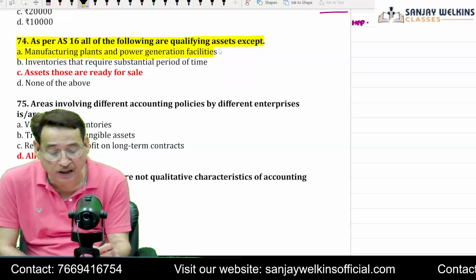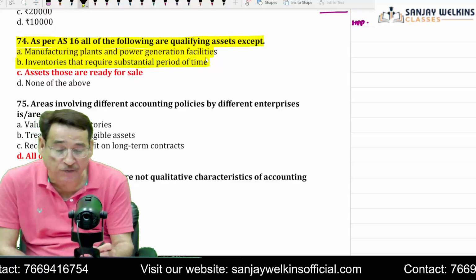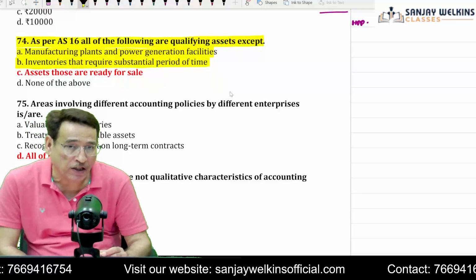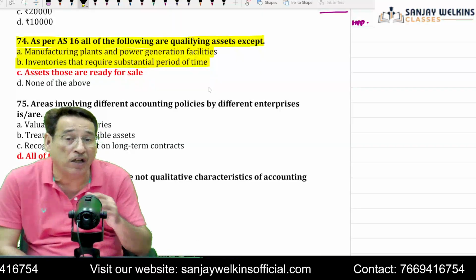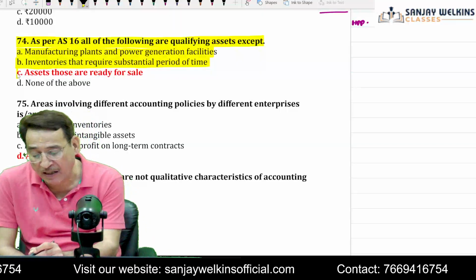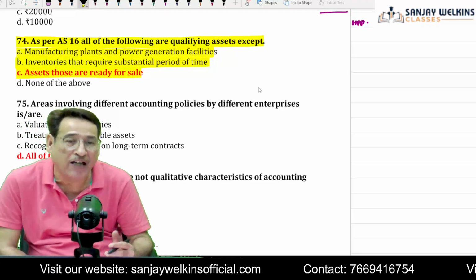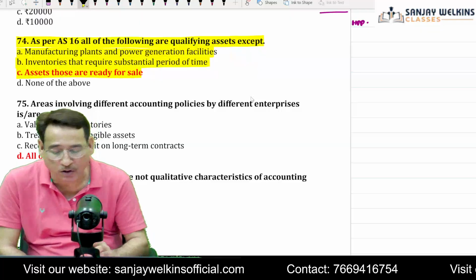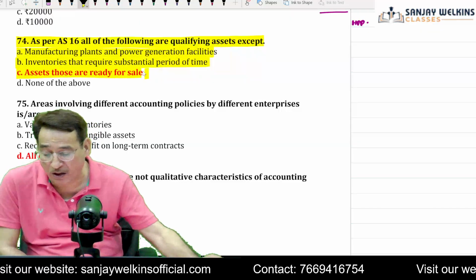So that is why they are qualifying assets. Inventories that require a substantial period of time. Obviously, any such item which will require a substantial period of time will be considered as a qualifying asset. But assets which are already ready for use or ready for sale are already qualified. They are not qualifying. So they cannot be considered as qualifying assets. Is it clear to you? So C will be your answer.